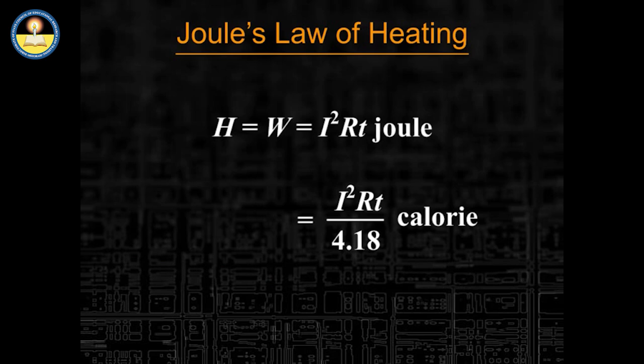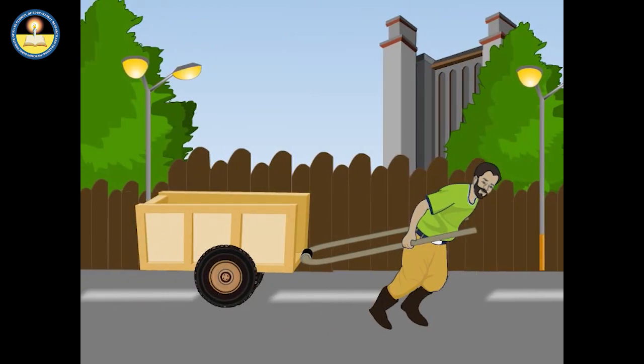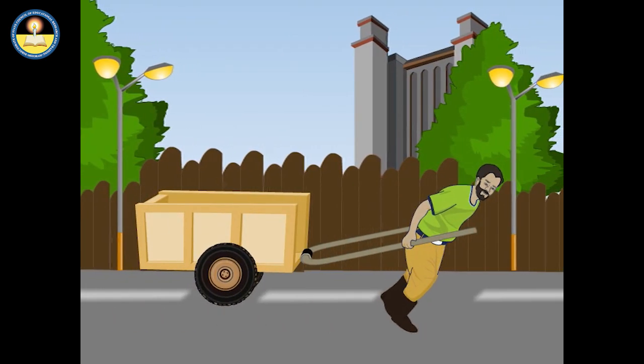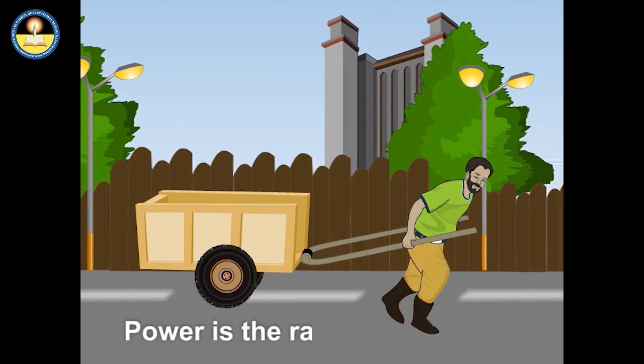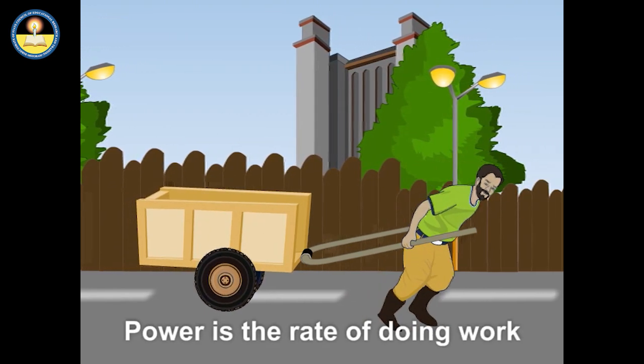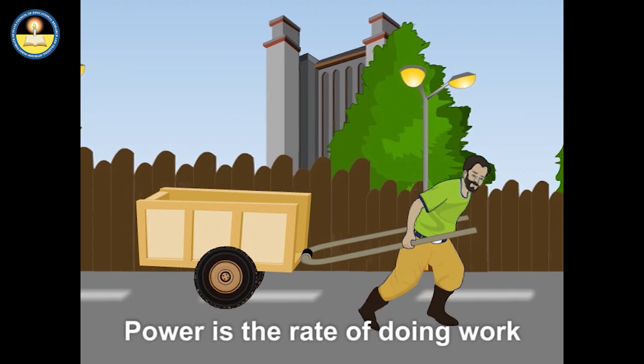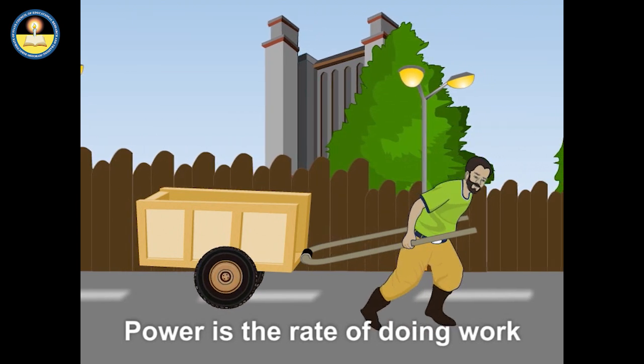4.18 calories. In your previous class, you have studied that mechanical power is the rate of doing work, or it can be defined as the amount of work done or energy consumed per unit time.